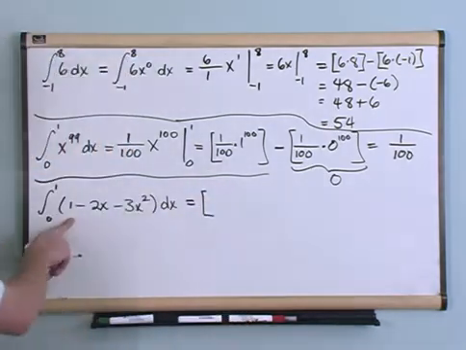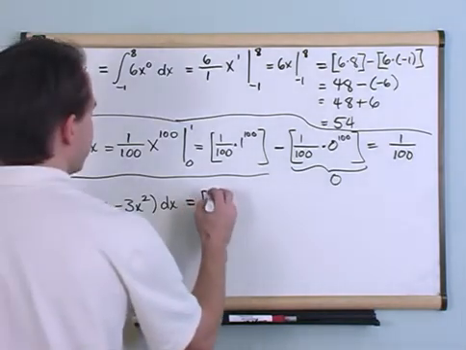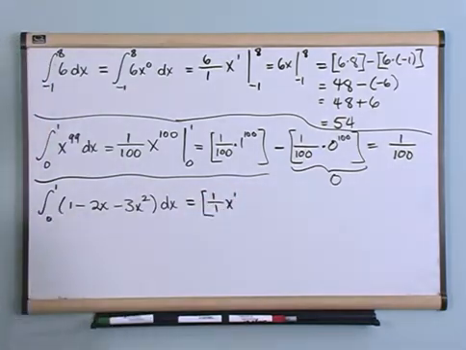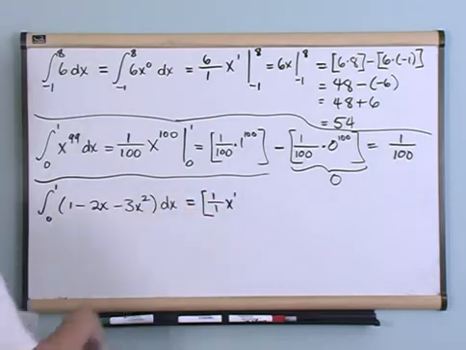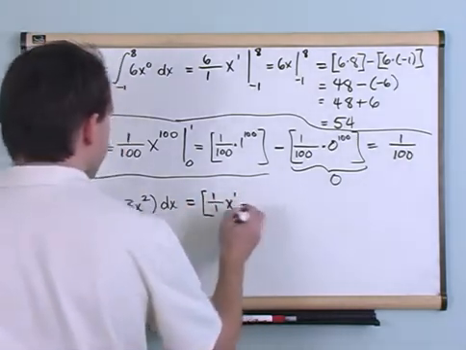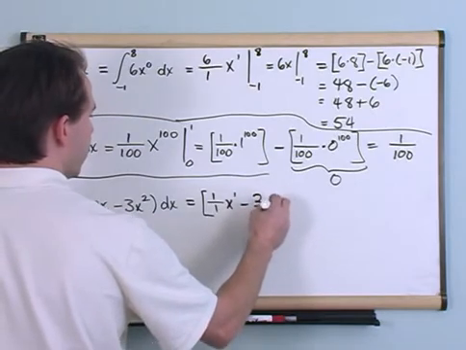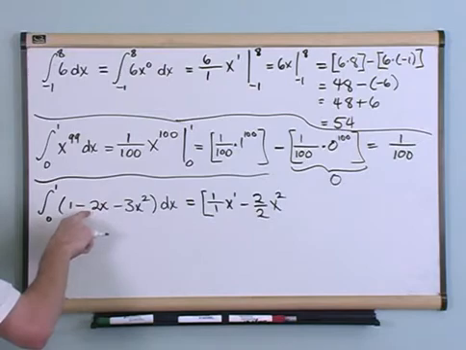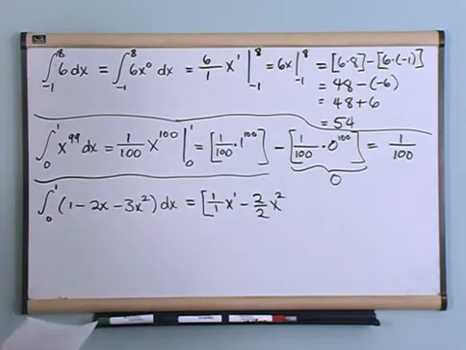For the first term, this is kind of like 1x to the 0 power. So to integrate that, it's going to be 1 over 1 x to the 1 power, because 0 plus 1 is 1, so we get 1 down here and 1 up here. For the next term, you've got to carry your minus over. You're going to have 2 over 2x squared. You have an exponent of 1 here, so it will be 2 over, and you have 1 plus 1 is 2, x to the 1 plus 1 is 2.